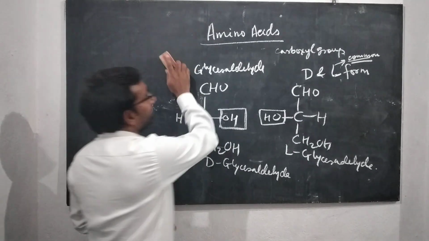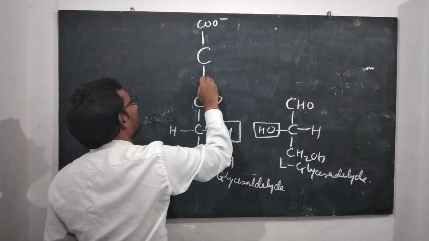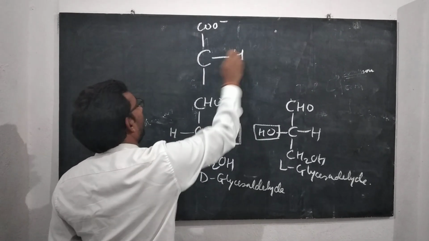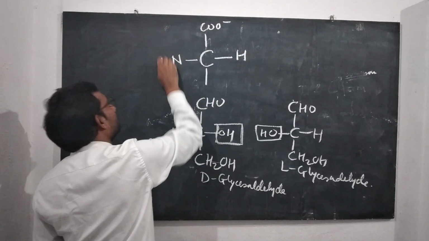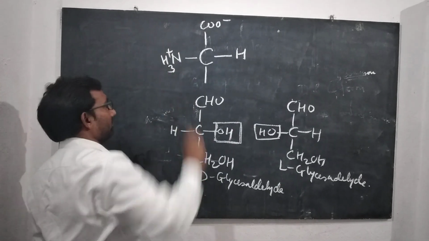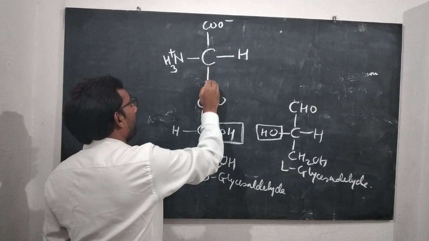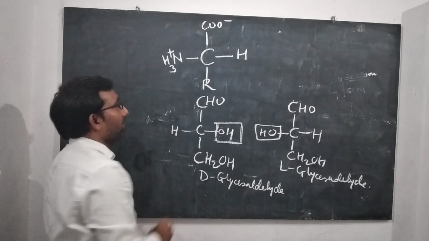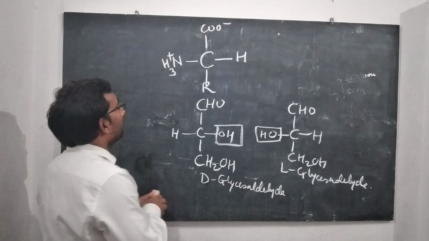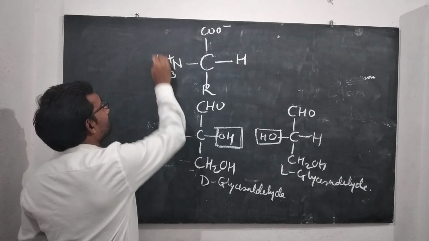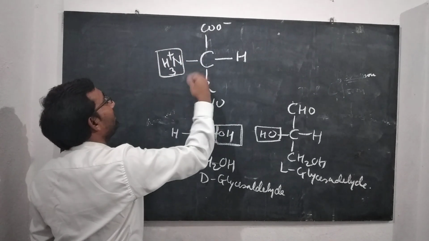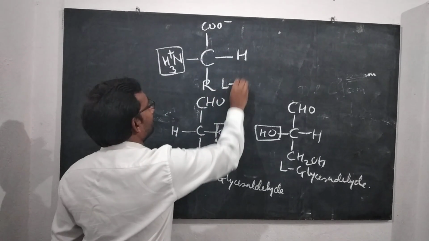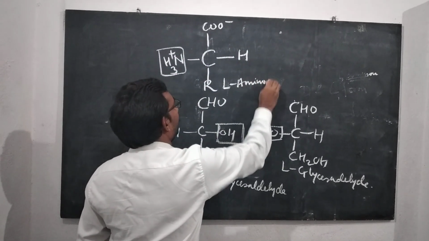Similarly for amino acids, with H on one side and NH3 plus on the other, and R here: if the amino group is on the left side, it is an L-amino acid.